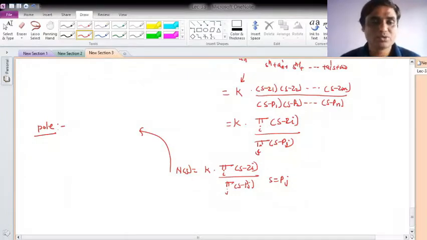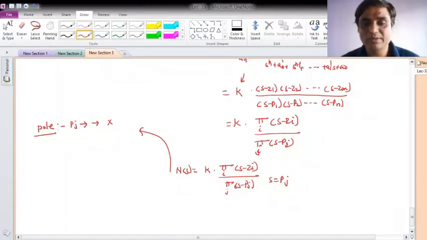So all the values of pj are the poles, meaning the roots of the denominator are nothing but the poles, and they are represented with the symbol cross in the S domain. All this I am talking about is the S domain. The independent variable here is s, that is, the Laplace domain.